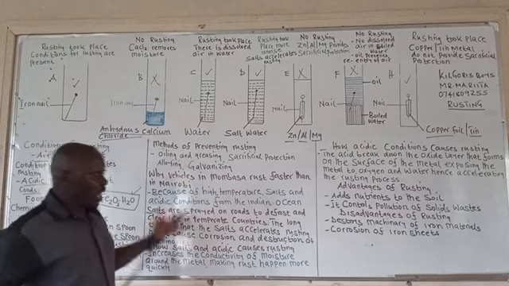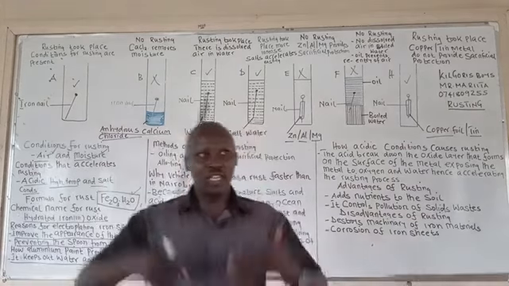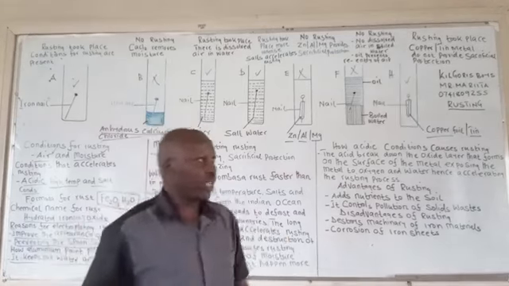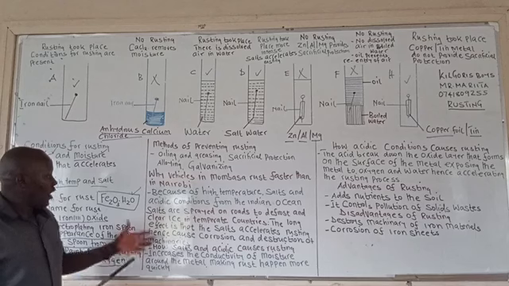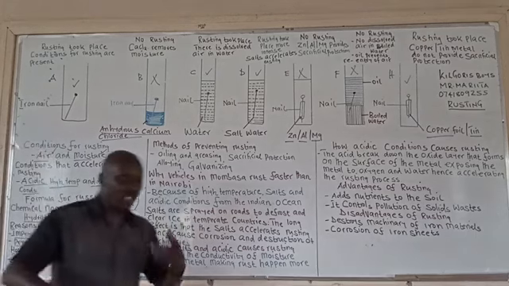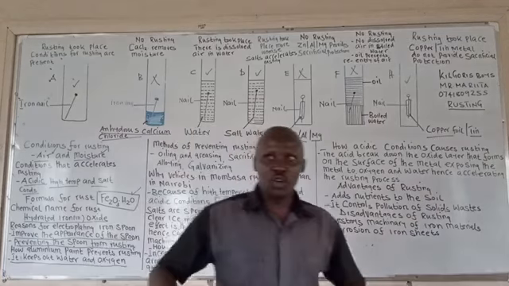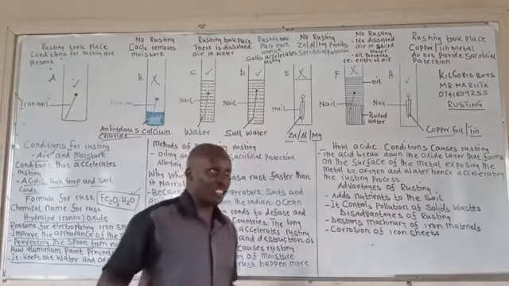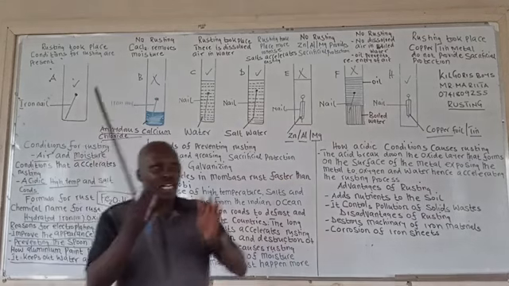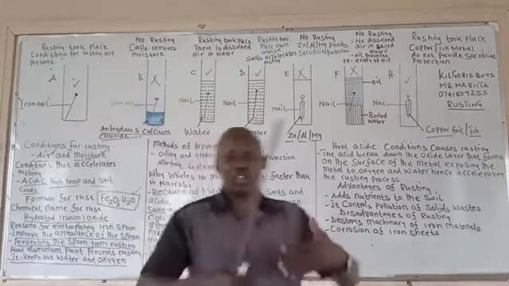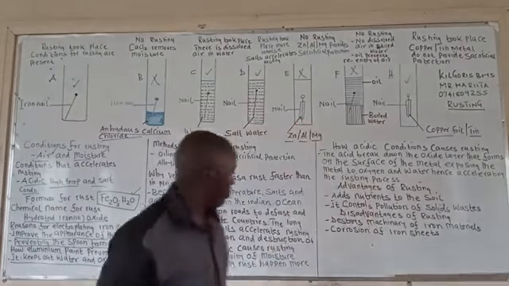Now, we have some temperate countries where salt is sprayed on the roads to reduce snow. For those doing geography, you understand what snow is. When salt is sprayed on the roads to reduce the snow, the long-term effect is that it causes rusting on vehicles, more especially on those parts of the vehicle made of iron material.